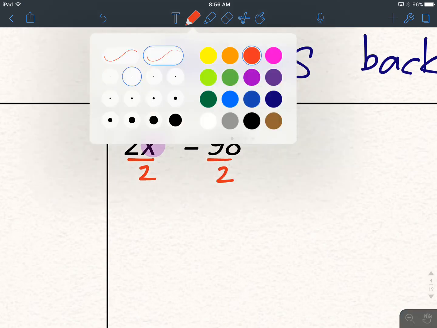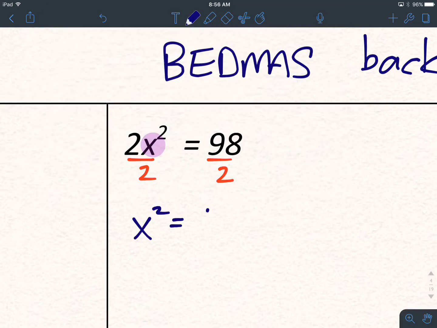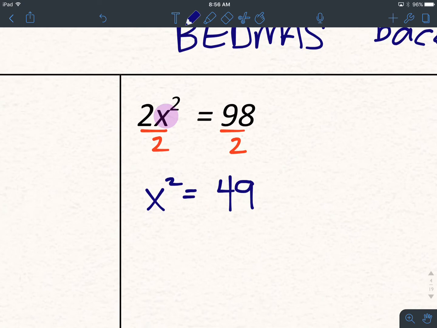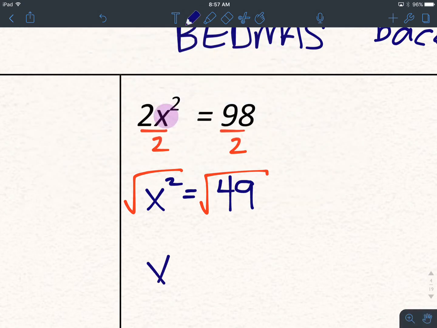That's going to result in x squared being equal to 49. At this point, we have to undo the squaring, which we do by square rooting both sides. And once we've square rooted both sides, we find that x is equal to plus or minus 7.